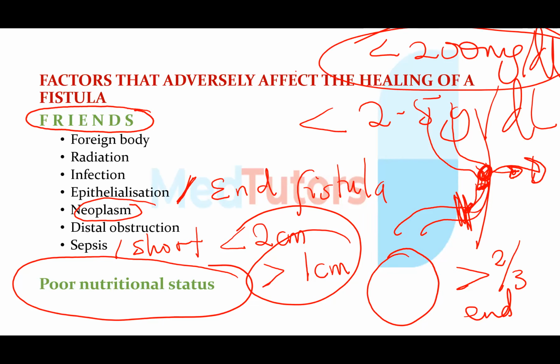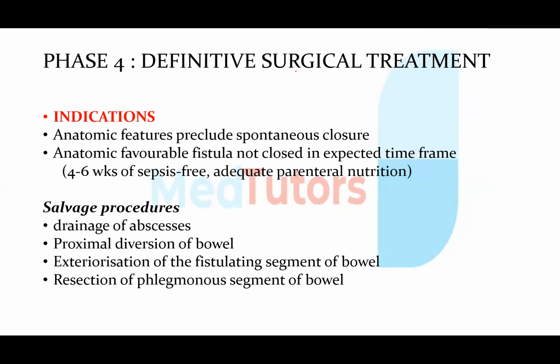Don't forget, this is the phase of decision making, which is what? Phase 3. You must have all these phases at the tip of your finger. Phase 1 is recognition and stabilization. Phase 2 is defining the anatomy. Phase 3 is decision making.